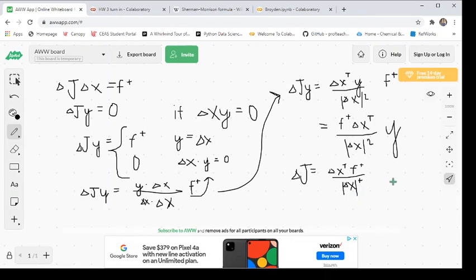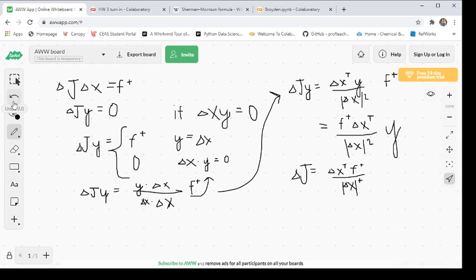But if we remember that equation where f plus the Jacobian times delta x is equal to 0, and we solve for x plus, I'm going to go ahead and clear again.